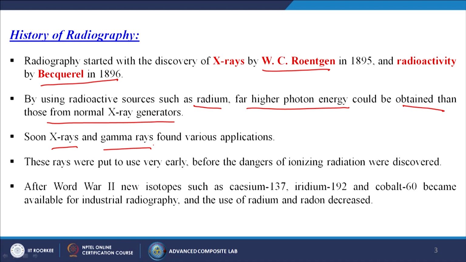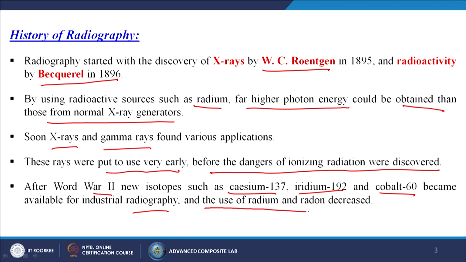These rays were put to use very early, before the dangers of ionizing radiation were discovered. After World War II, new isotopes such as cesium 137, iridium 192 and cobalt 60 became available for industrial radiography, and the use of radium and radon decreased.